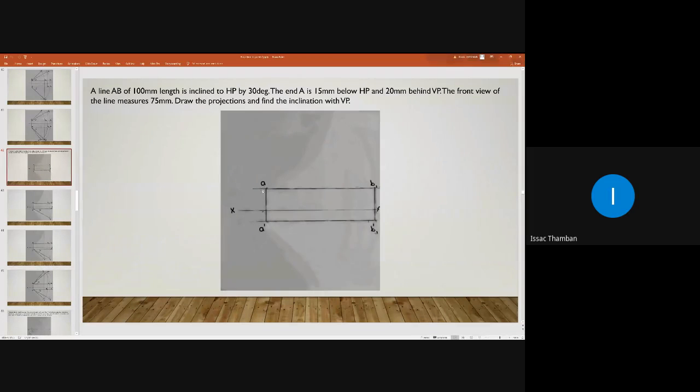Plan will be above XY line and elevation will be below XY line. Mark point A and A dash. Finish?